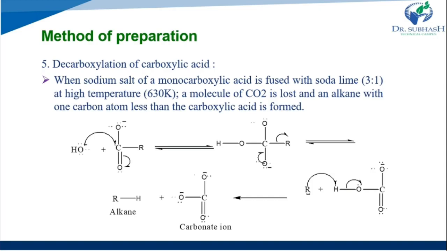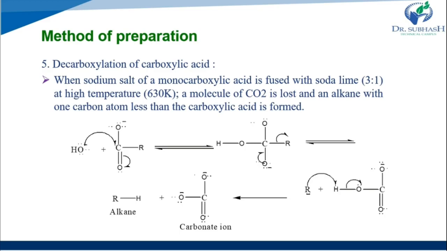So first we take the monocarboxylic acid and react it with soda lime at a high temperature. Then one CO2 molecule is lost, making a carbanion, and the alkane is removed.